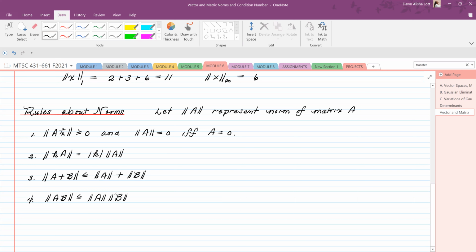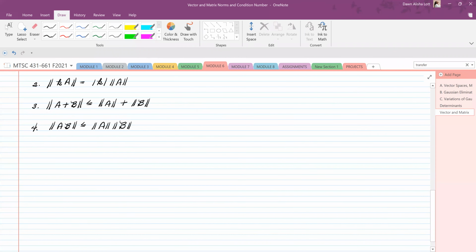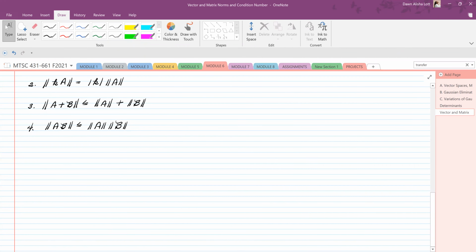Now, what kind of norms do we have on the matrix A? Okay, well, the matrix A also has several norms. Okay, so the first one is the Frobenius norm. And that one is the norm of A with a little f down here.